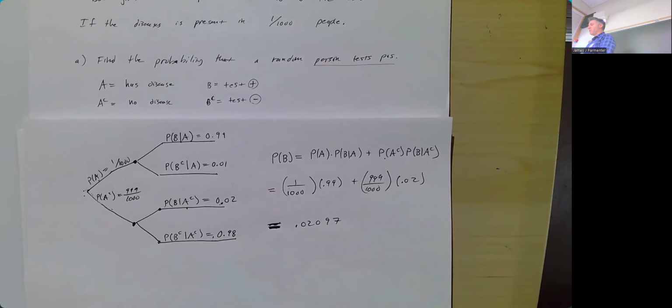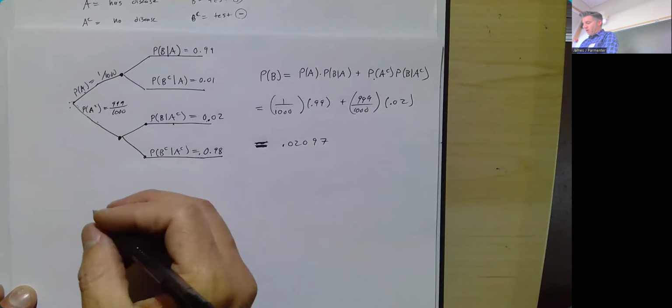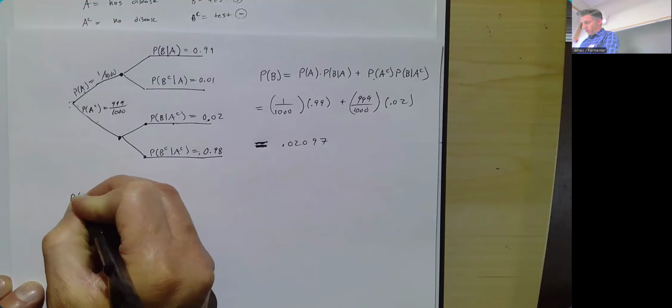Just a little bit more formula stuff. This P of B here, the probability of B, is what's called the law of total probability.